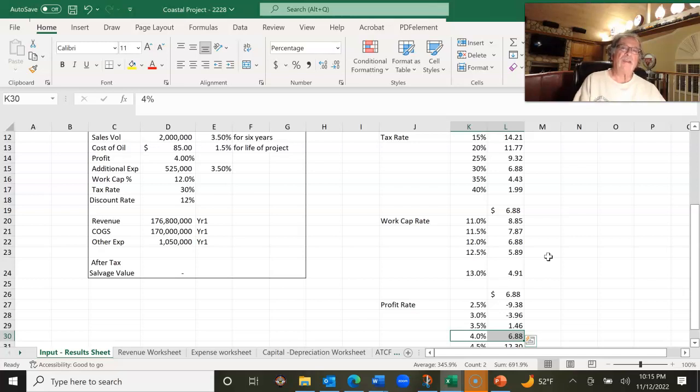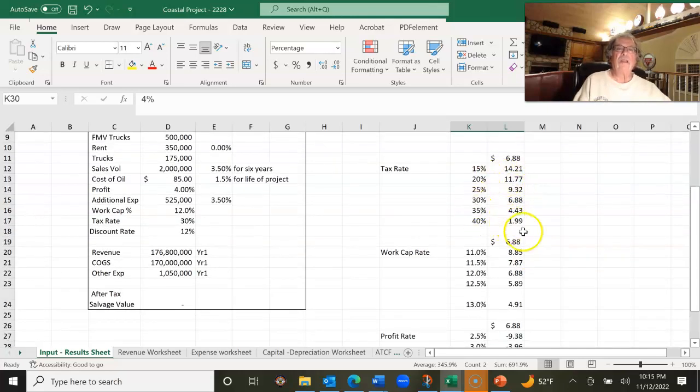Because the profit rate, clearly the tax rate, the company has no control over, right? The working capital rate, the company might have some control over, because the company can be a little bit tighter with how they manage their cash. They can try to collect their money a little more rapidly and maybe slow down paying the bills. They might be able to get a working capital rate that drops from 12% down to 11%.